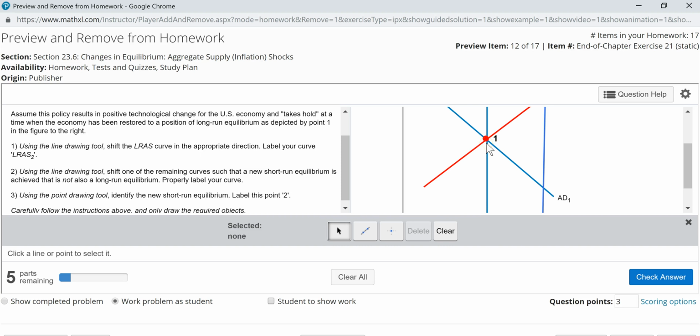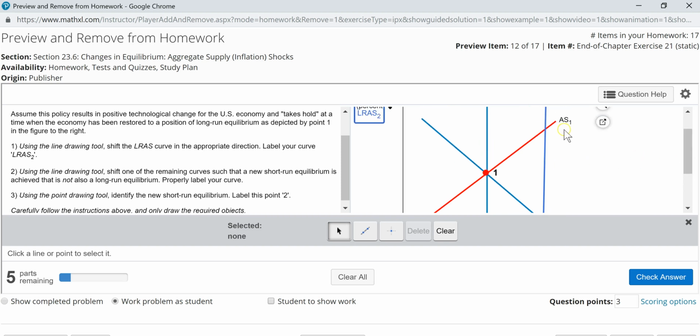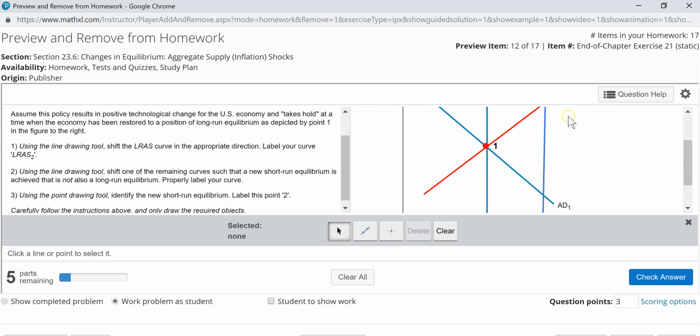So that snag will put a downward pressure on the price and hence on inflation. So that downward pressure will shift this AS1 curve, the short-run aggregate supply curve, downward. So let me draw that.